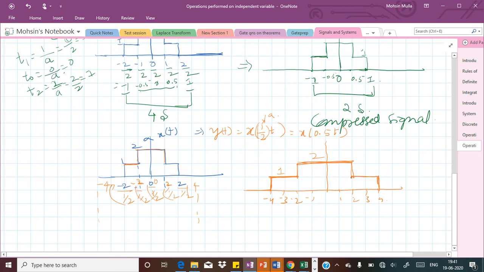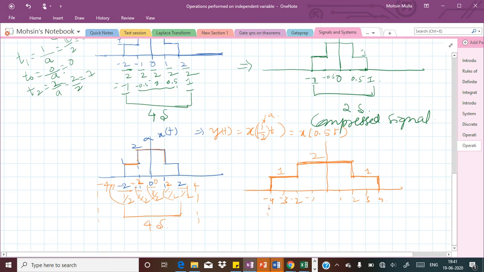Now if you see this signal, it has the same magnitude, but that magnitude has now stayed for double the time that it was earlier. From minus 2 to plus 2 it was earlier 4 seconds.